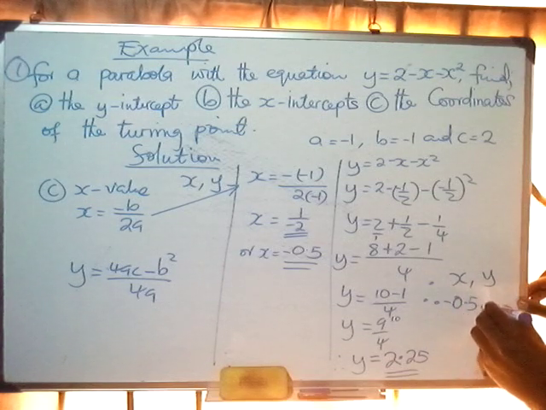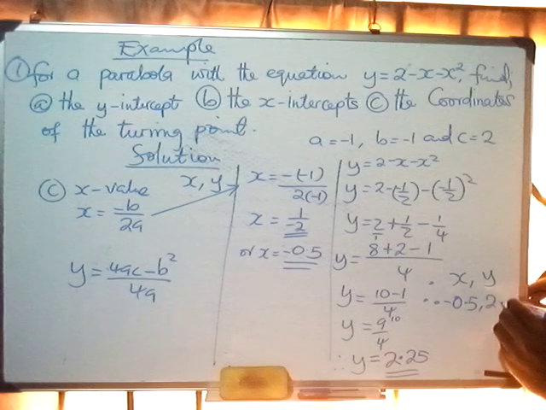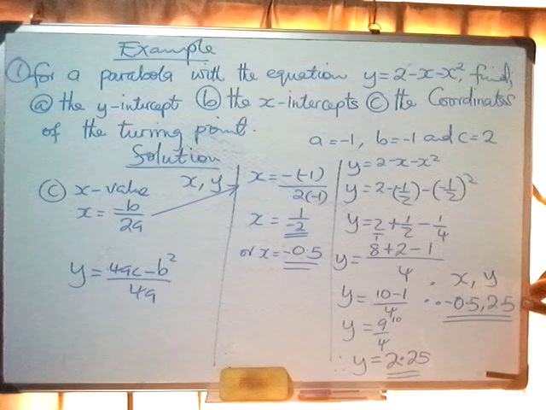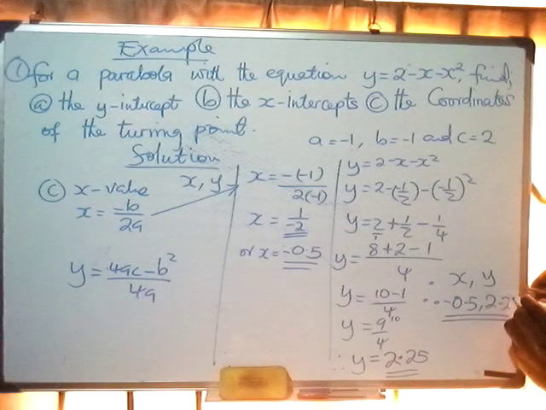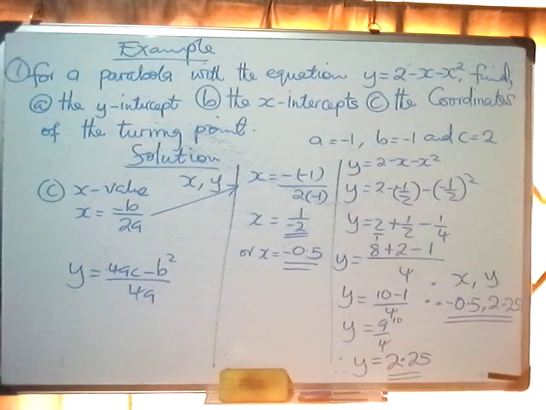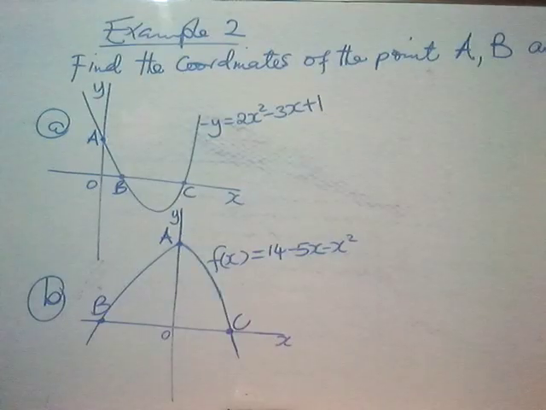So you say -0.5, 2.25. That is what we have. So those are the answers for the coordinates of the turning point.